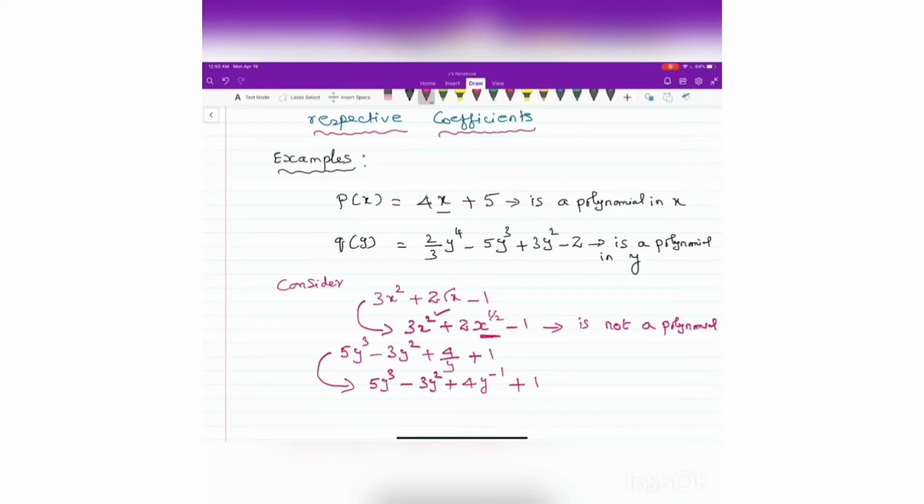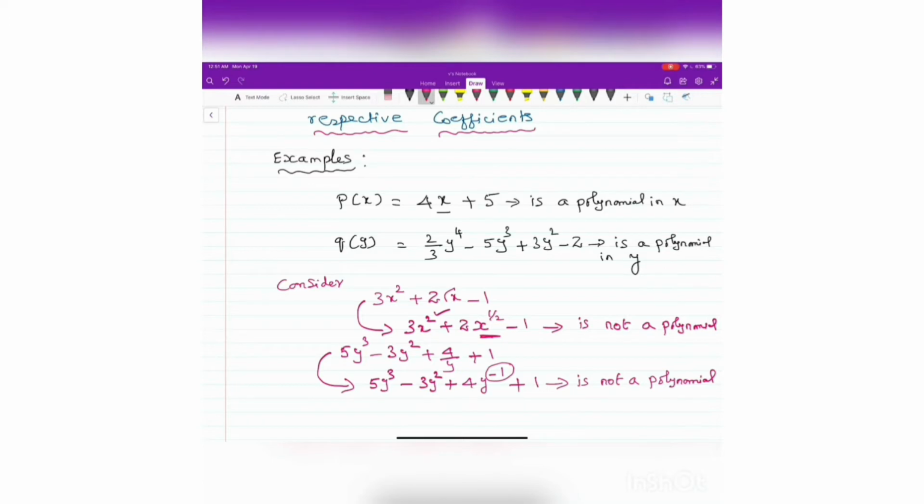The power of y, 3 is a positive integer, 2 is a positive integer, whereas minus 1 is not a positive integer, it is a negative integer. So, it is not a polynomial. This one is not a polynomial. So, you should know how to write the reason out.